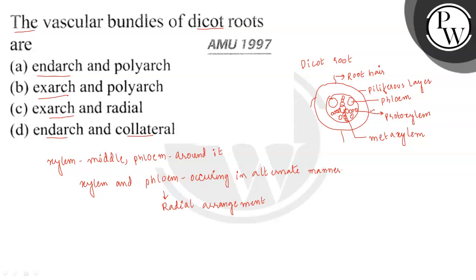So हम बोल सकते हैं कि dicot roots में we see the radial arrangement because phloem and xylem they are alternate to each other. So in case of dicot roots we see the radial type of arrangement.